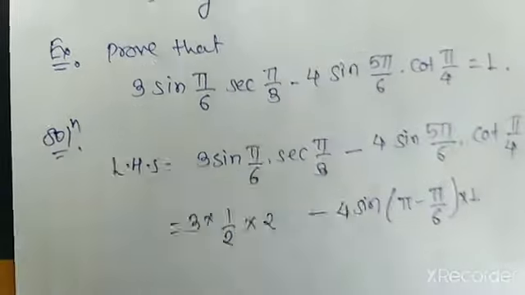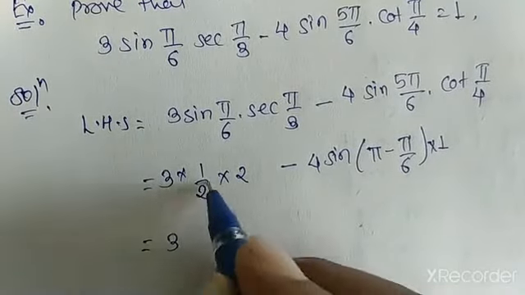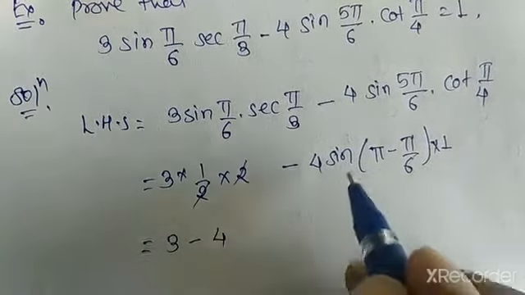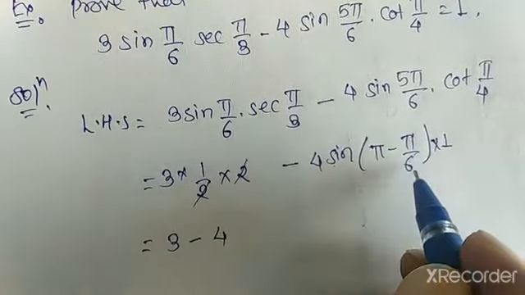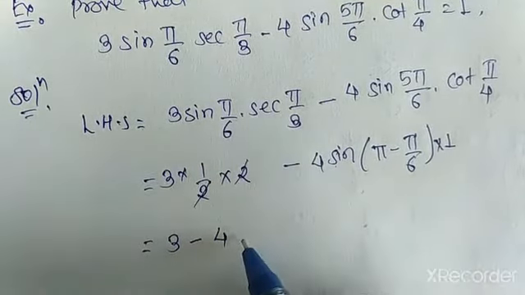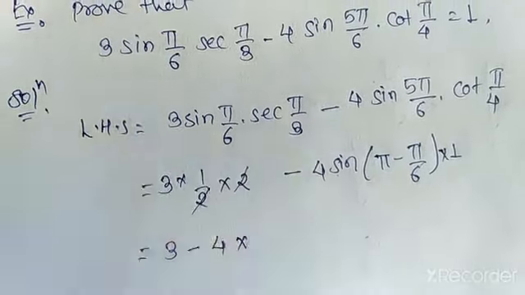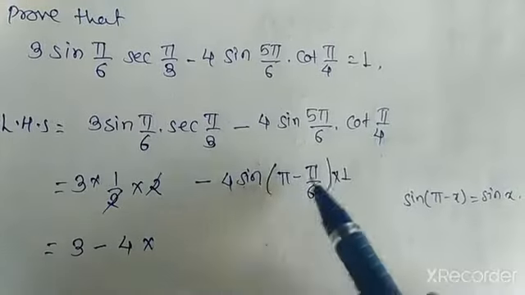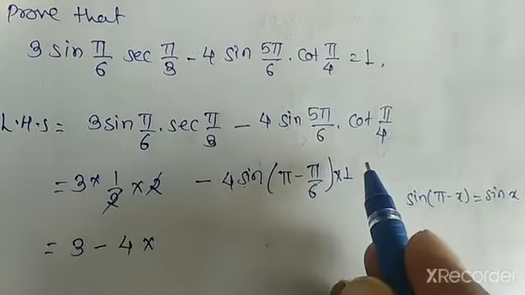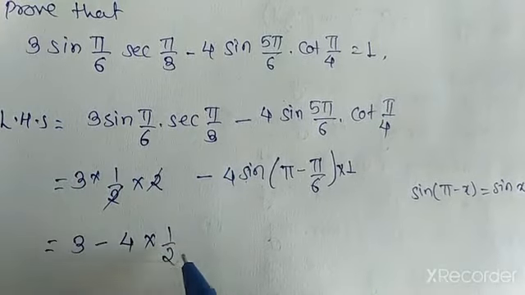Okay, so here the 2 will get cancelled, 3 minus 4 into sin(π − π/6). Okay, so here the value of sin(π − π/6) is sin π/6, and the value of sin π/6 is 1/2, into 1.